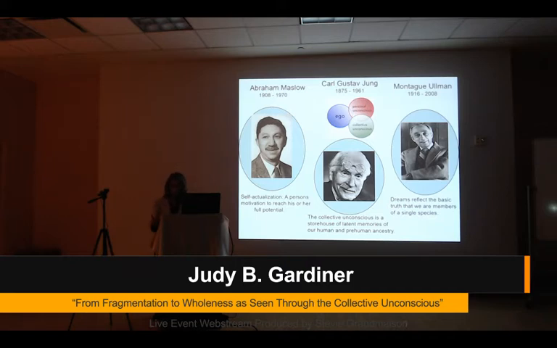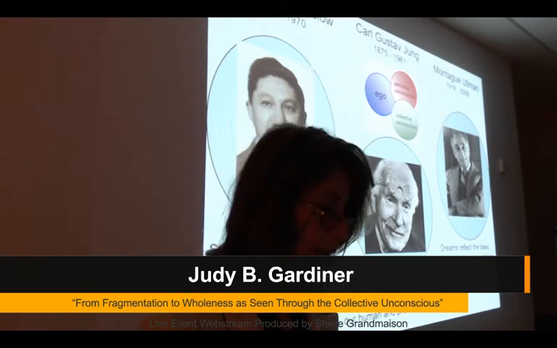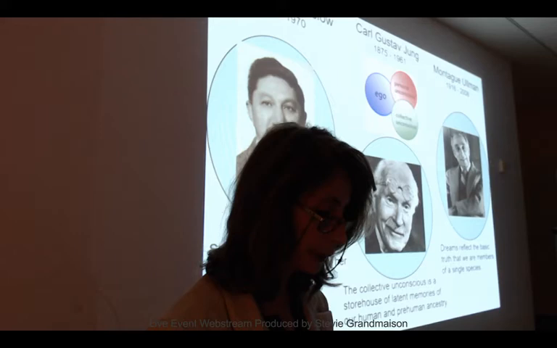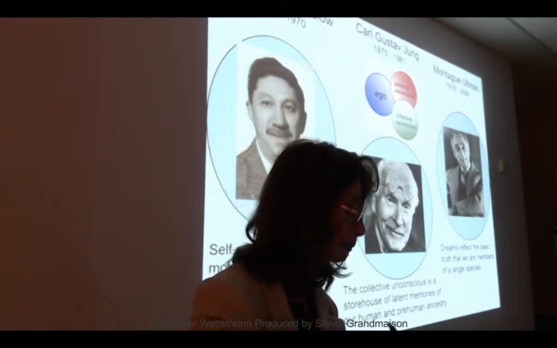My late partner and colleague, Montague Ullman, expanded dream work beyond the consulting room out into the community so that dreamers could have a shared experience, which he referred to as species connectedness.